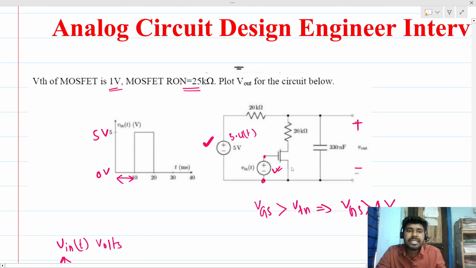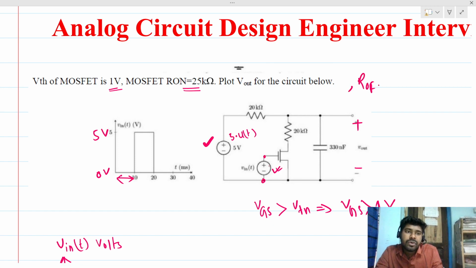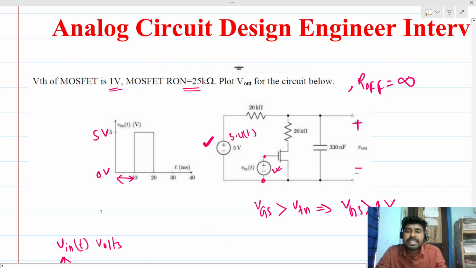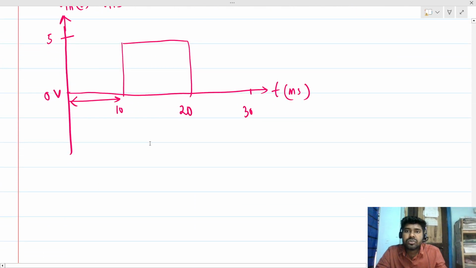Open circuit means infinite impedance, so R off of the MOSFET is infinite. What will be the equivalent picture at t equals 0 to 10 millisecond?